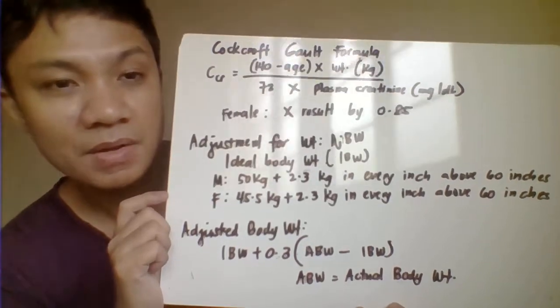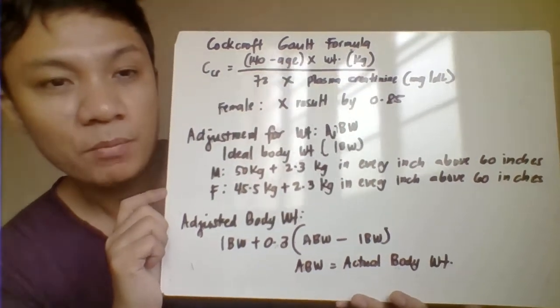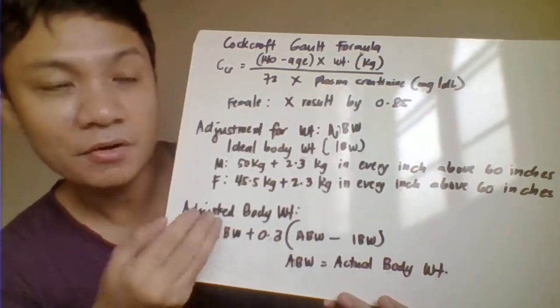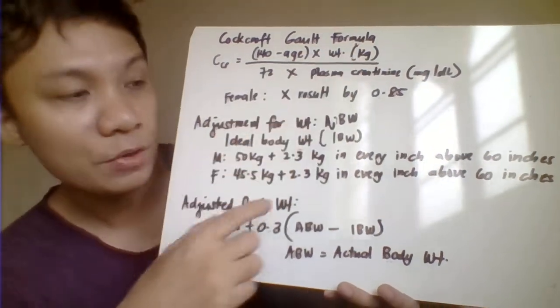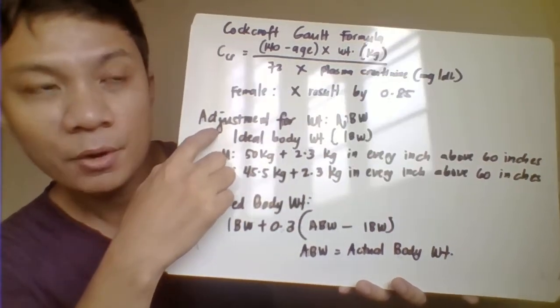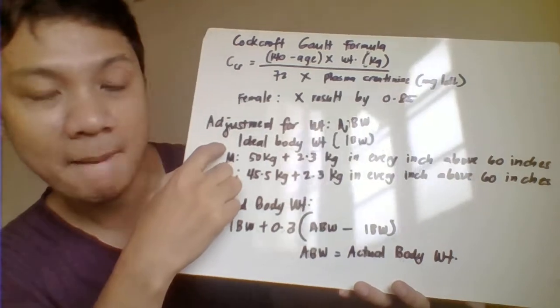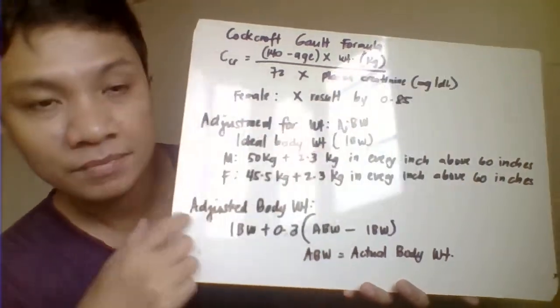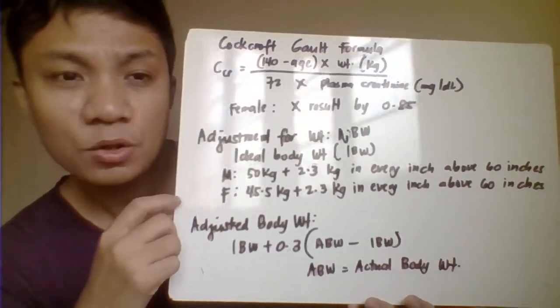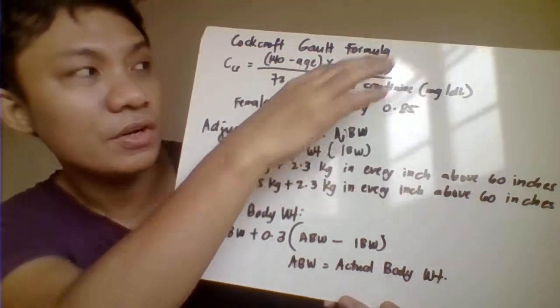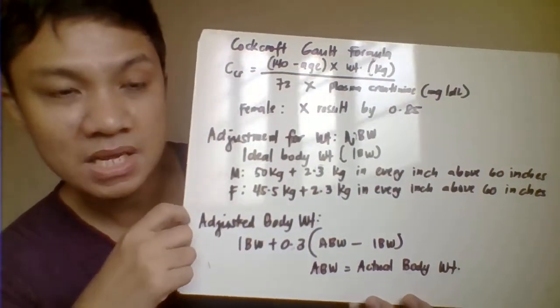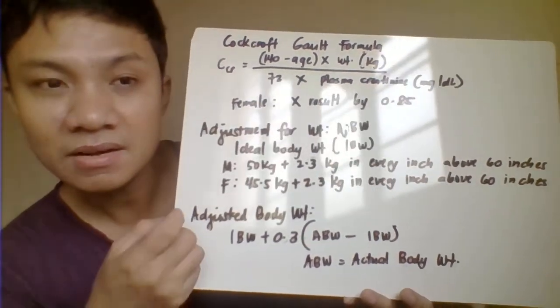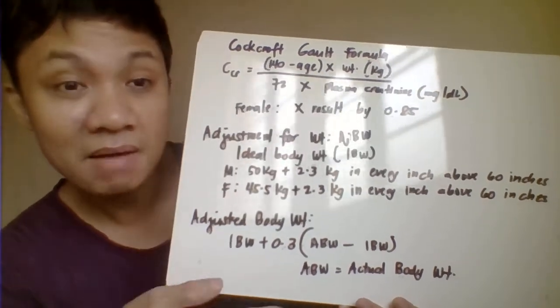However, for example, if the patient would have a problem with the weight, you need to correct for the weight in kilograms, you need to obtain here the adjusted body weight. Why? When are you going to adjust here for the weight of the patients? Again, creatinine concentration is highly dependent on the muscle mass.